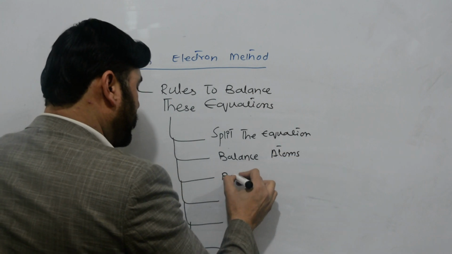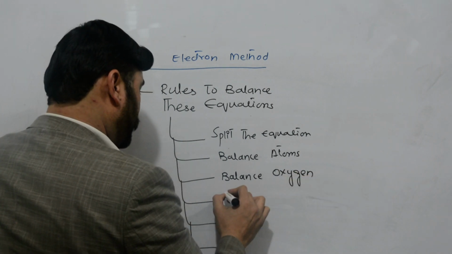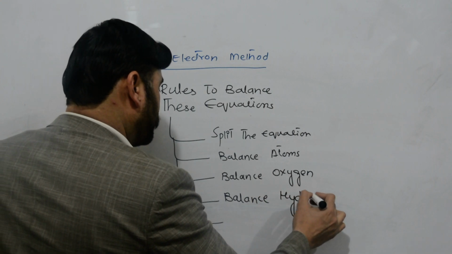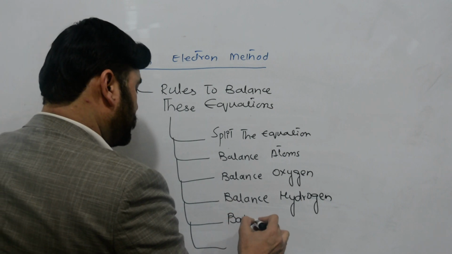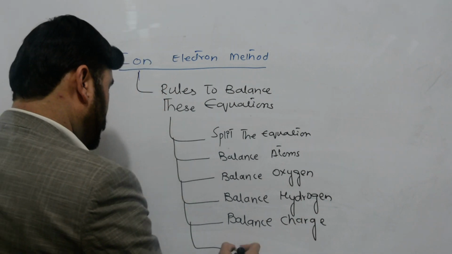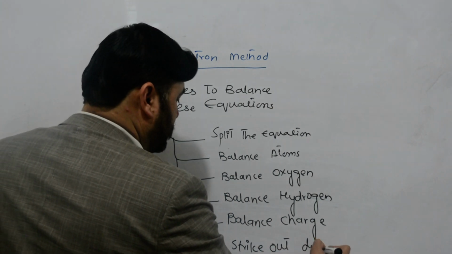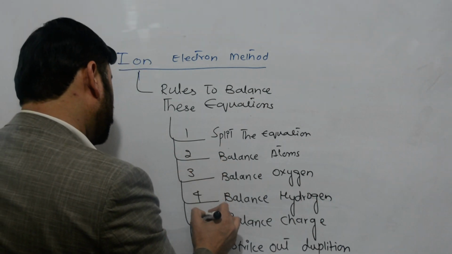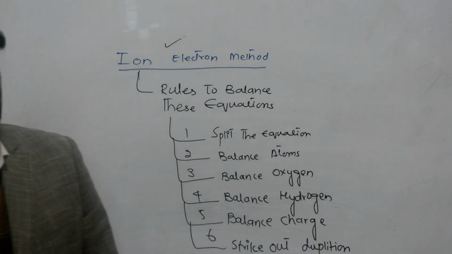Rule number 3, balance oxygen. Rule number 4, balance hydrogen. Rule number 5, balance charge. And the last one is strike out depletion. These are the 6 important rules to balance any equation from the ion electron method.